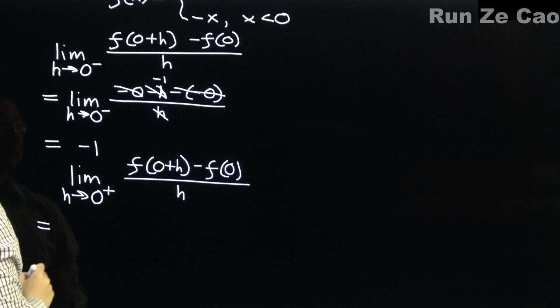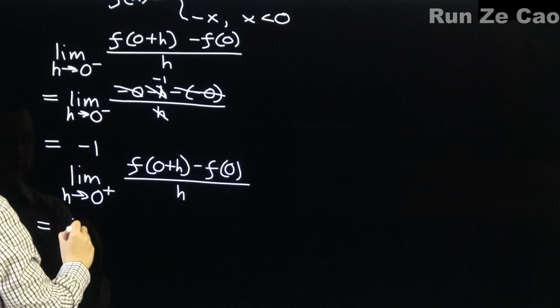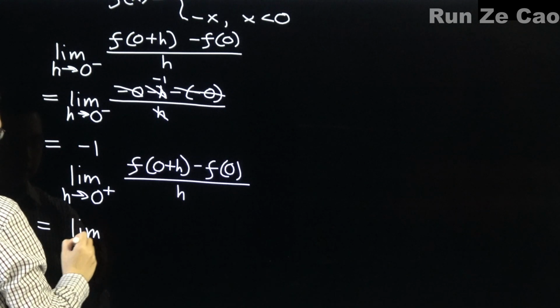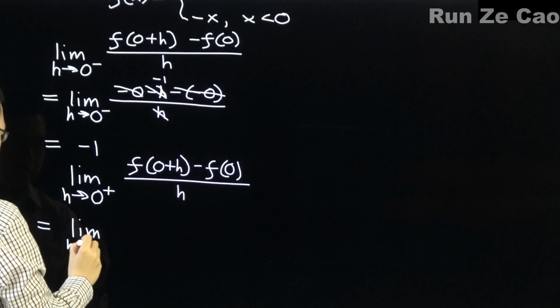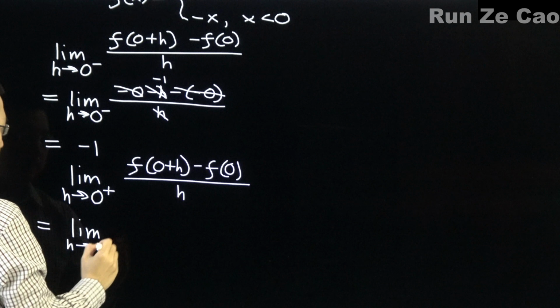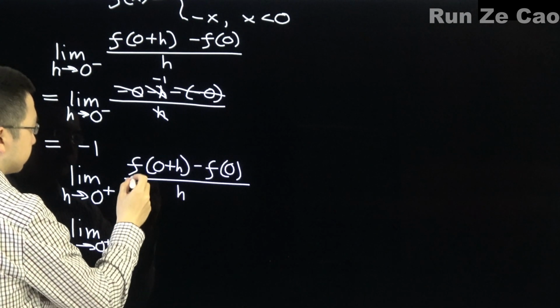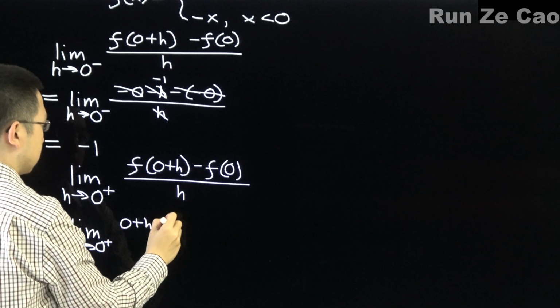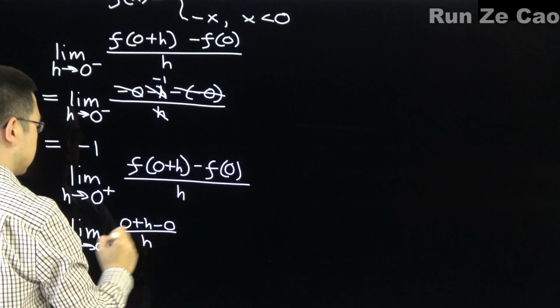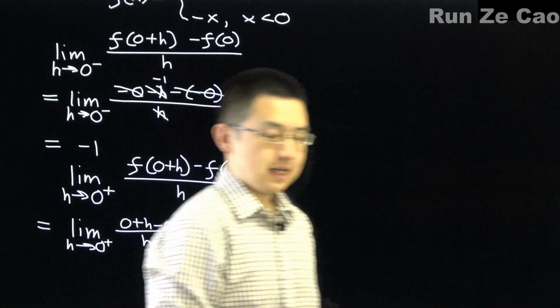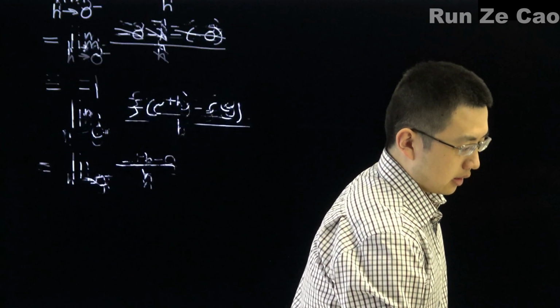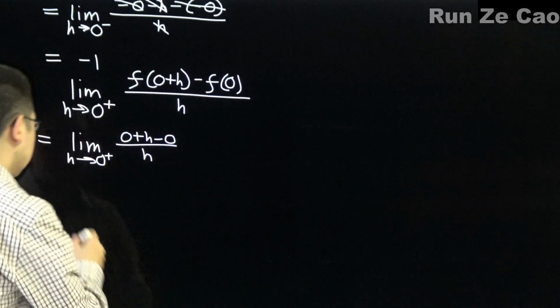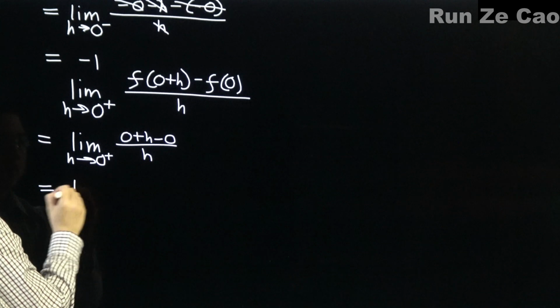And that gives us the limit as h approaches 0 from the positive side of 0 plus h minus 0 over h. I think we can all see that this comes out to equal 1.